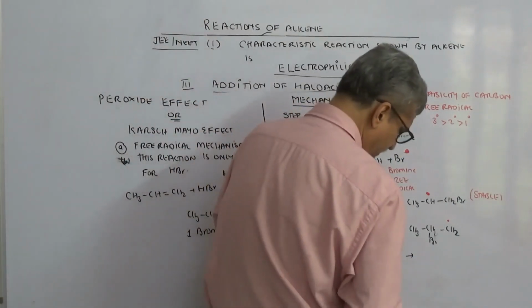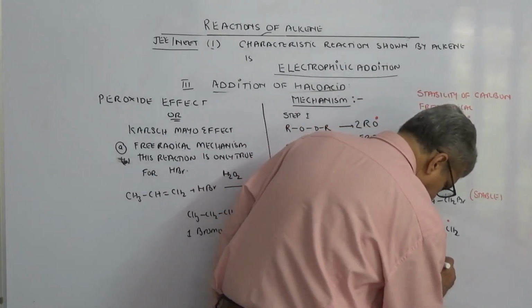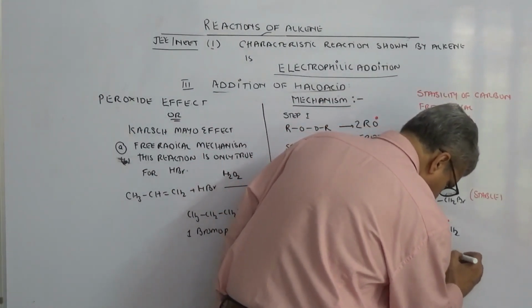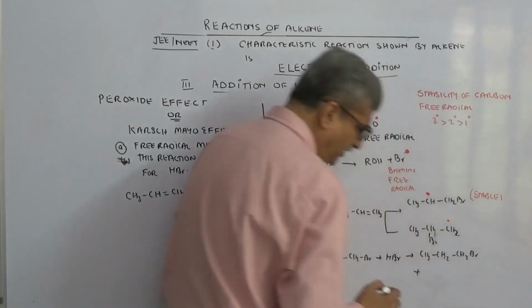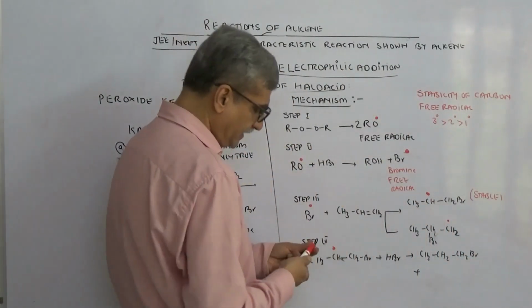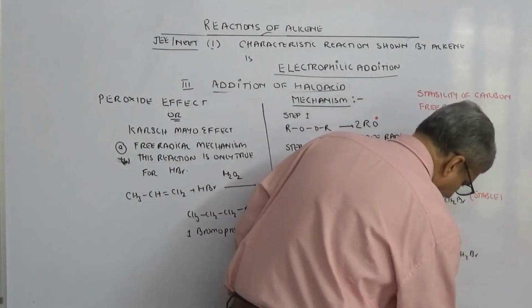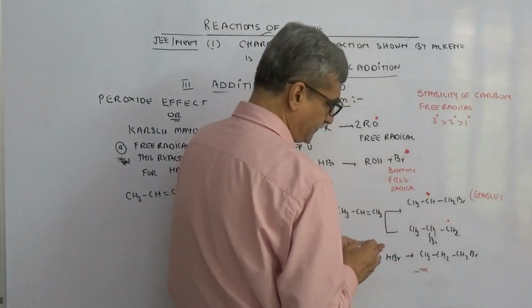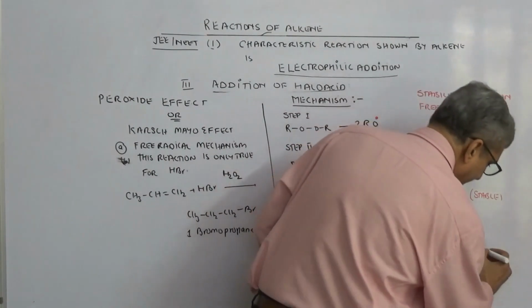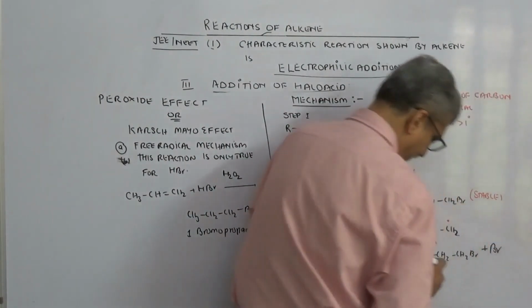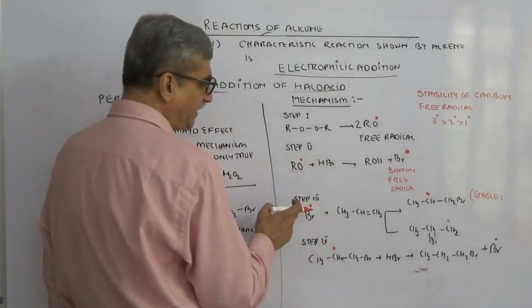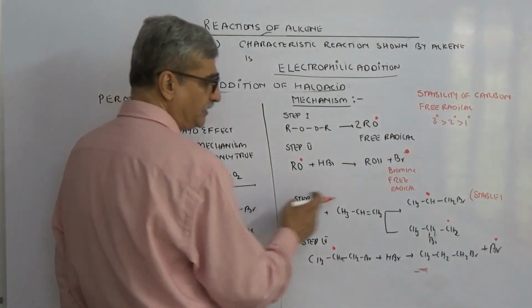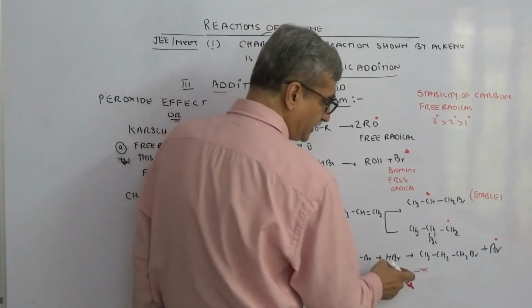It forms CH3, CH2, CH2Br, plus it leaves behind a bromine free radical. So this bromine free radical is now going to attack one more propene, and so on, attacking another HBr.